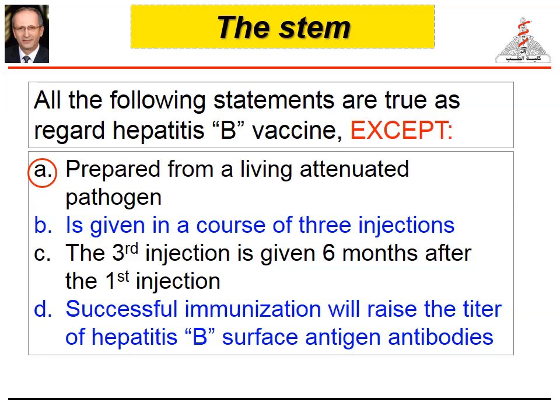Here is another example. All the following statements are true as regards hepatitis B vaccine, except: it is prepared from a living attenuated pathogen, it is given in a course of 3 injections, the 3rd injection is given 6 months after the 1st injection, successful immunization will raise the titer of hepatitis B surface antigen antibodies. Now, A is the correct answer because the vaccine is a killed pathogen.